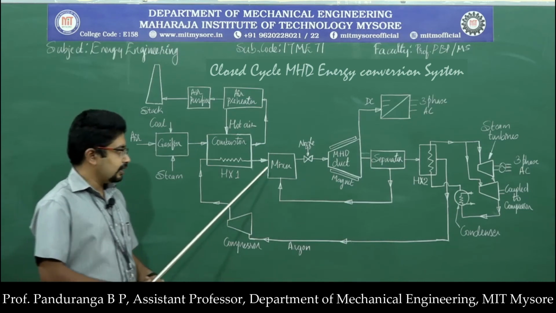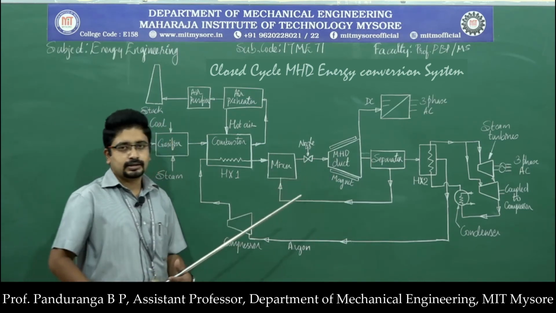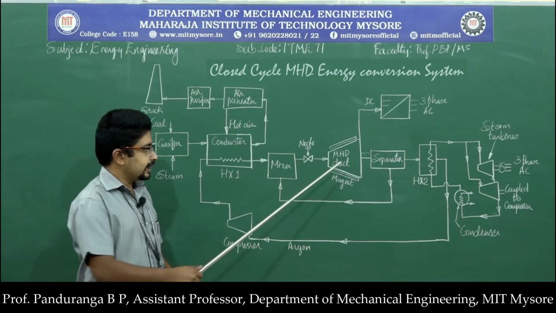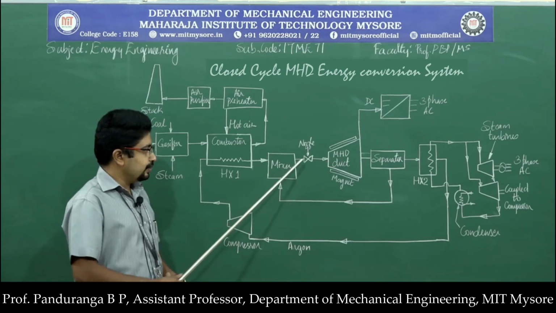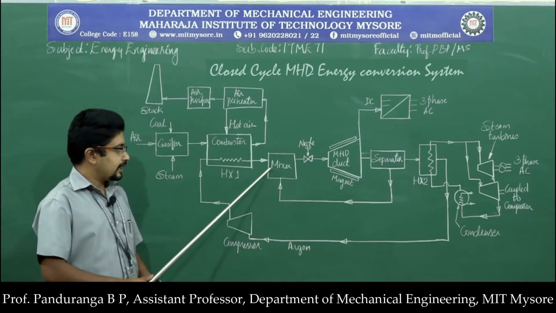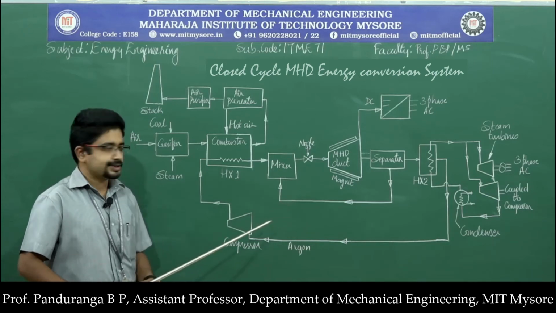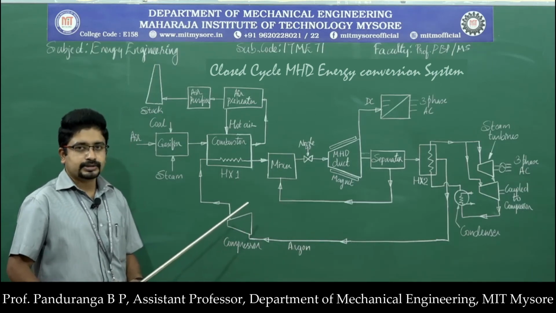So now the hot gas, which is seeded and contains charged particles, enters the MHD duct through a nozzle. The argon gas which is entering the mixer will be at higher pressure because it is being compressed in the compressor.